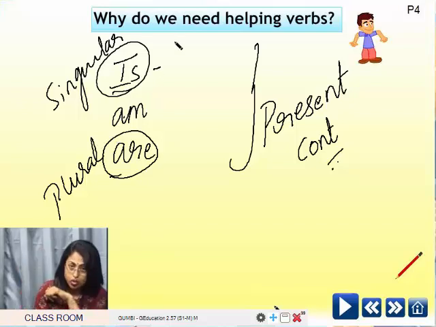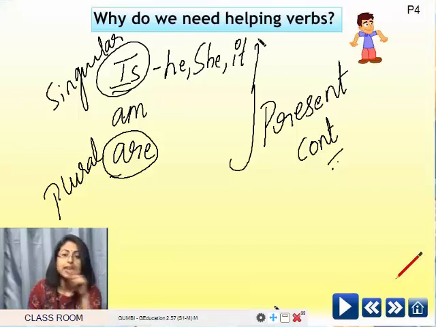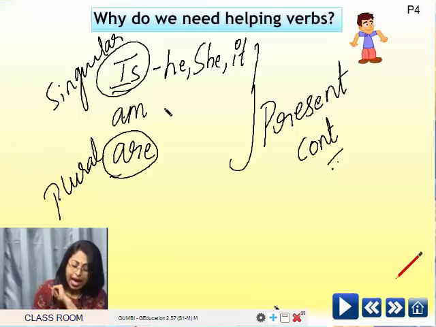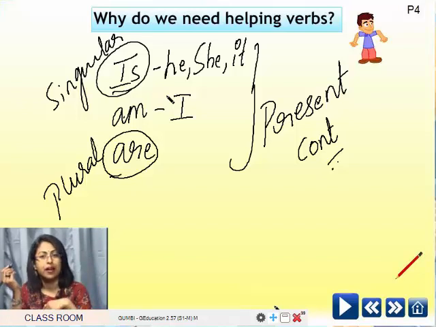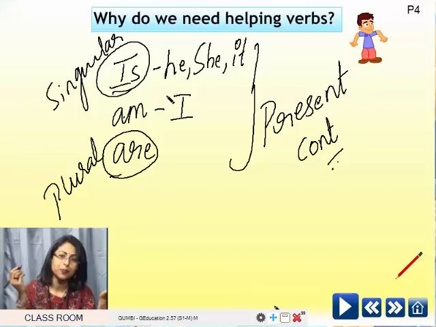Now is will be used with he, she and it. He is eating, she is sleeping, it is raining. Alright, did you all understand? Am will only be used with I. Do we say he am, she am? No. I am Pradeep, I am his brother.